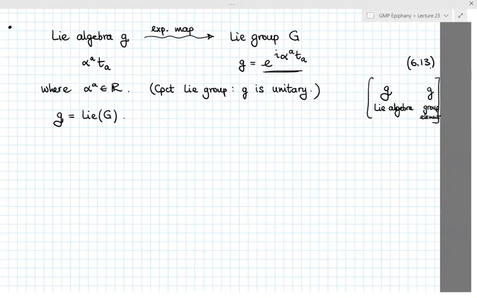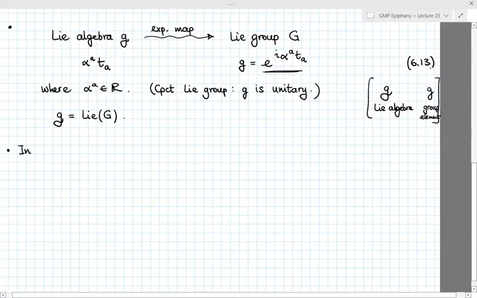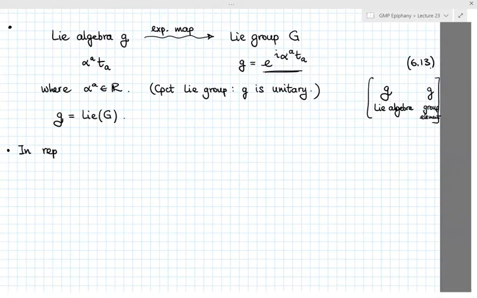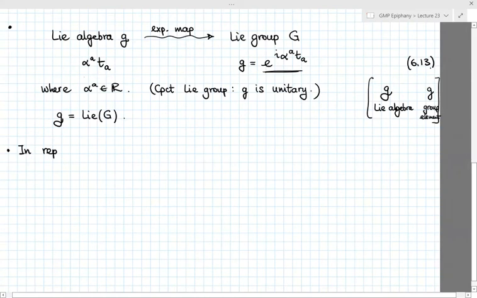So I reminded you what the representation of a Lie algebra is. Now, what about the Lie group? Well, by this exponential map applied now to the generators of a given representation, we can get from a representation of the Lie algebra to a representation of the Lie group.